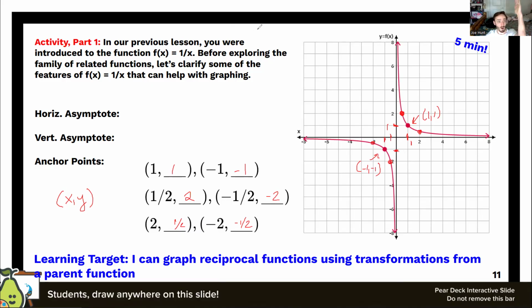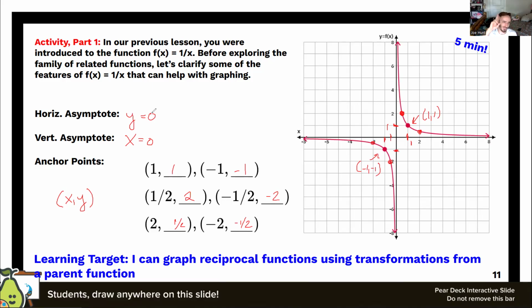If I'm avoiding the y-axis, which runs vertically, that's like it's passing through the coordinate x equals 0. So that's the domain restriction, right? That's the input that's not allowed to happen. The horizontal asymptote, which runs from left to right, is the x-axis for this graph, and that happens as it passes through the coordinate y equals 0.